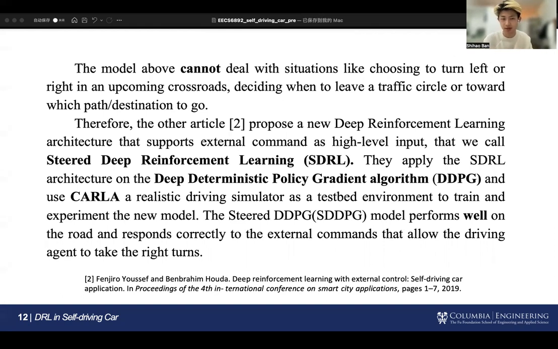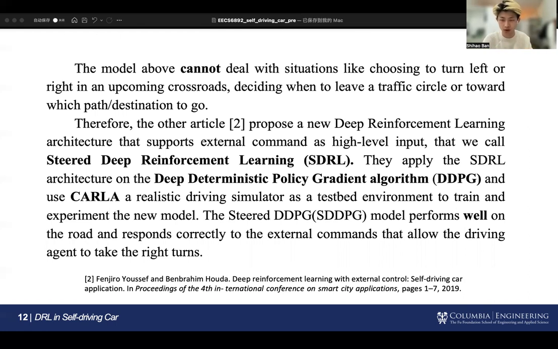They apply the SDDPG architecture on the DDPG, right? And they use CARLA, a realistic driving simulator, as a testbed environment to train and experiment with the new model. So that is the whole thing of what they do, their work in Article 2.